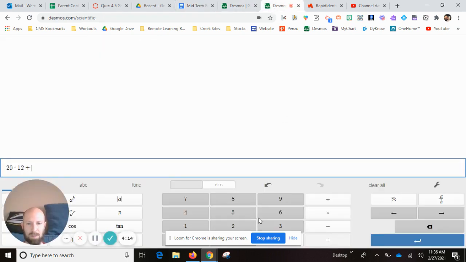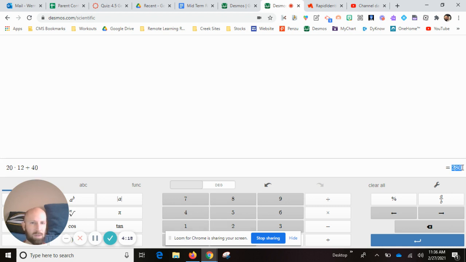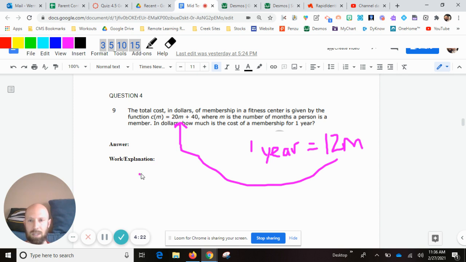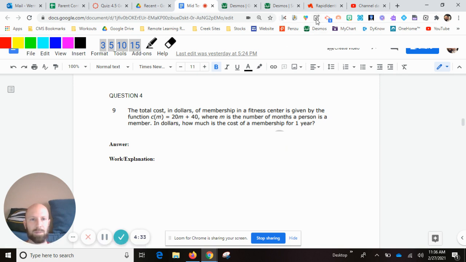So then plus 40. And it's going to equal 280. So how much is it going to cost? It will cost $280 for question 4. Let's go to question 5.